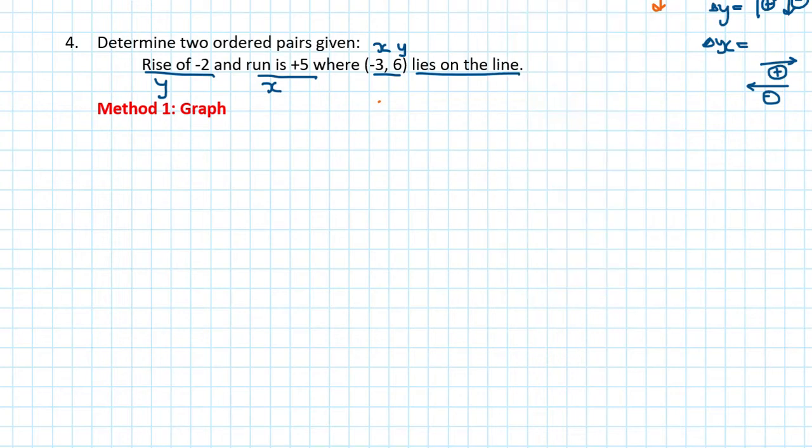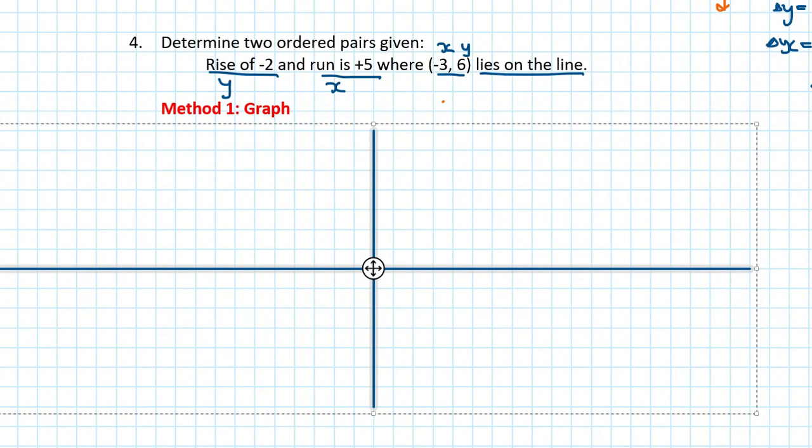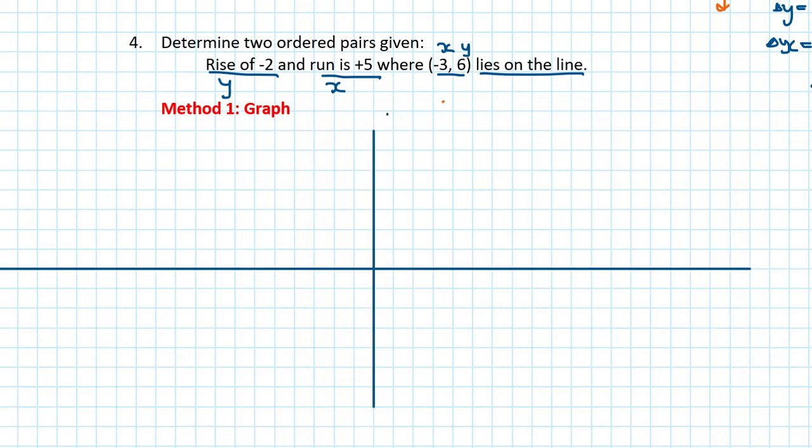we're going to draw our y and x axes. This is our positive y, and this is our negative y. On the other side here is our positive x, while this other side is our negative x.